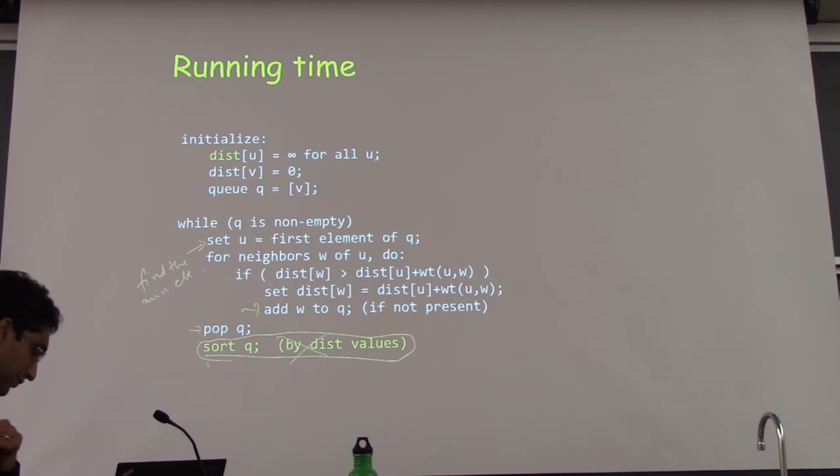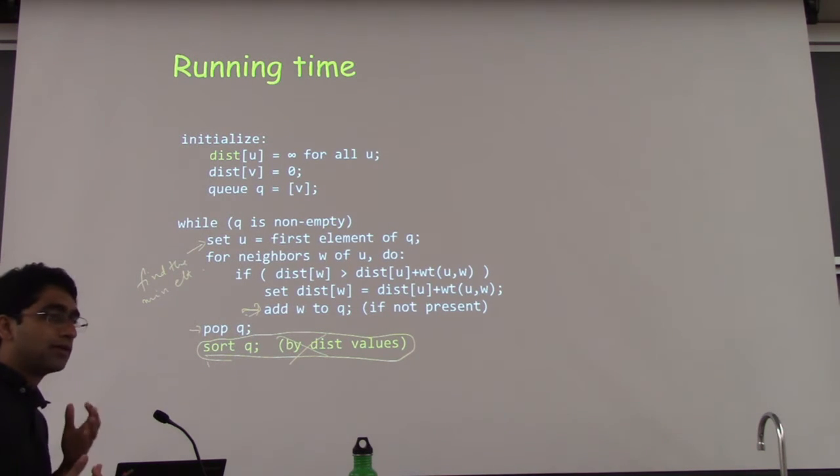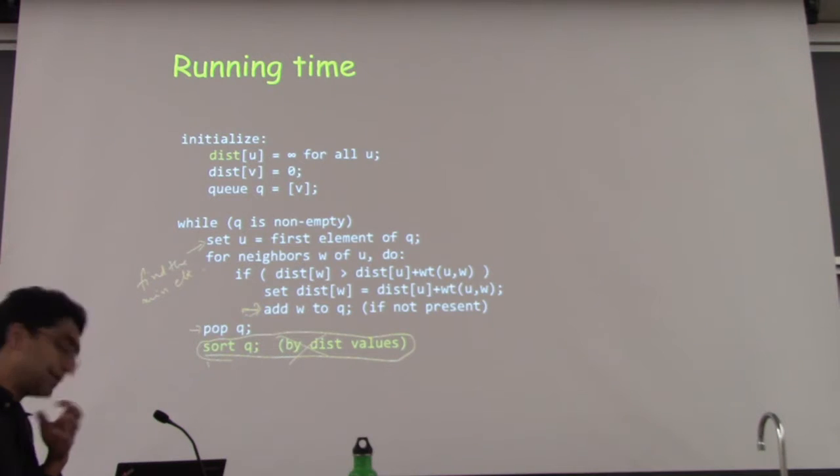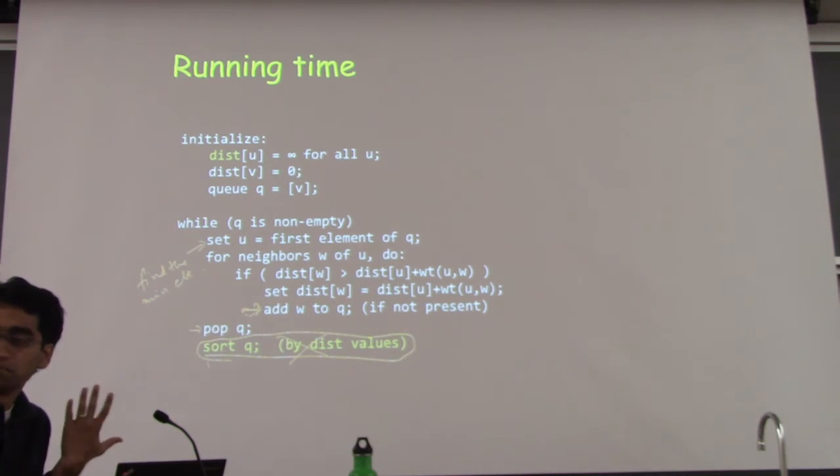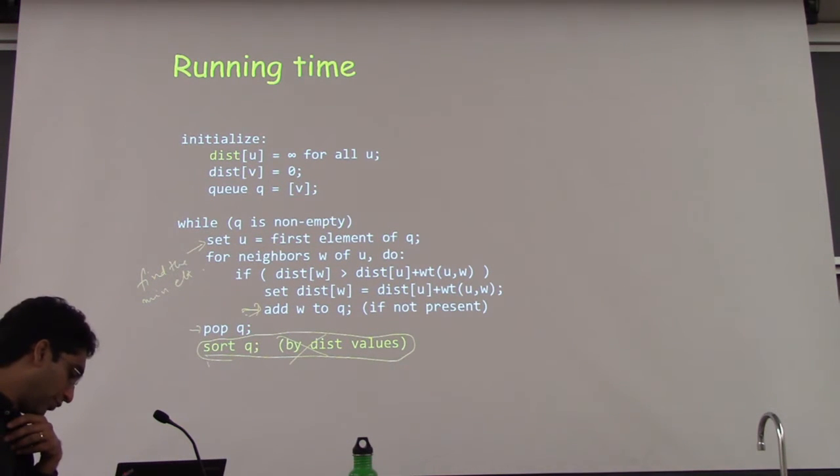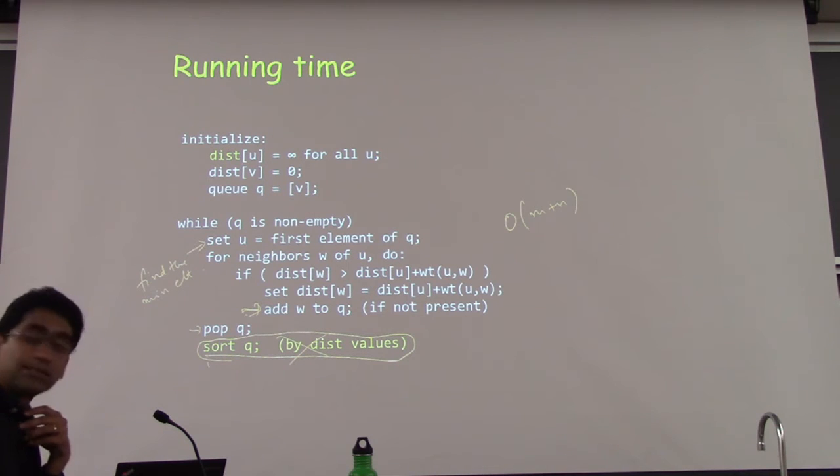These two we said just take O of one time, and this one takes O of one time. So now this is exactly the same running time as breadth first search, which is O of m plus n. So this is great.